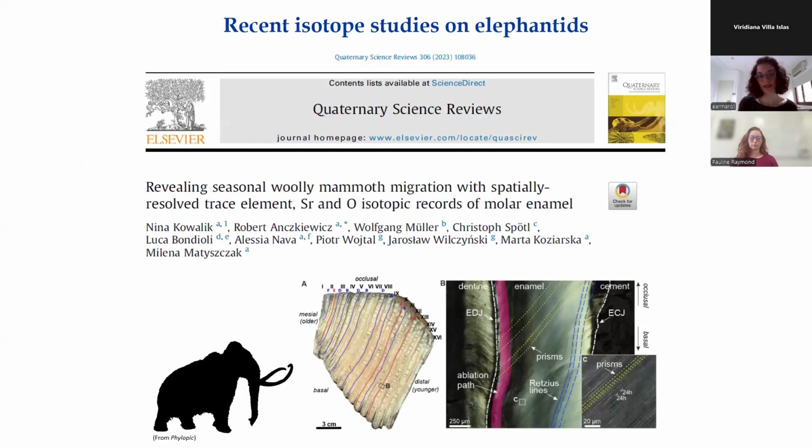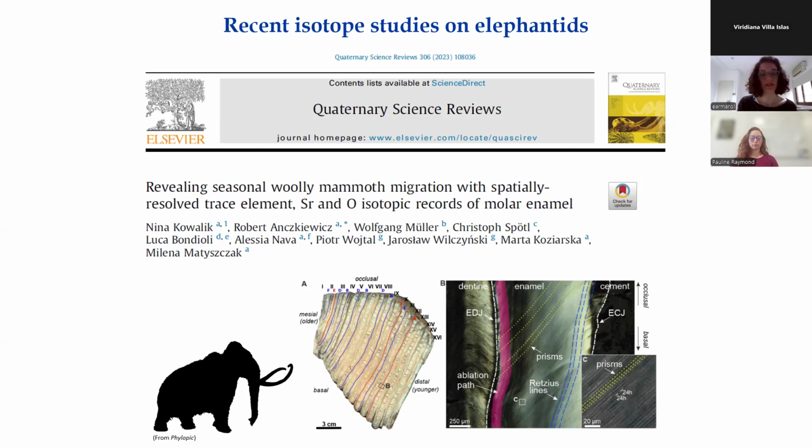But why did we target Palaeoloxodon antiquus? Mainly because there is not much literature on this species, since other species such as the mammoth are more studied, as in this very nice work from Kowalik and colleagues published in 2023, in which they unraveled the ecology of the mammoth, measuring strontium in situ, coupled with oxygen isotopes measured sequentially, as we did.